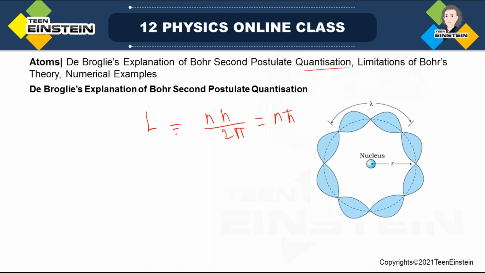So if the angular momentum of any particular orbit becomes equal to an integral multiple of h cross, where n is an integer, then that particular orbit is a stable orbit, that is called a stationary state.